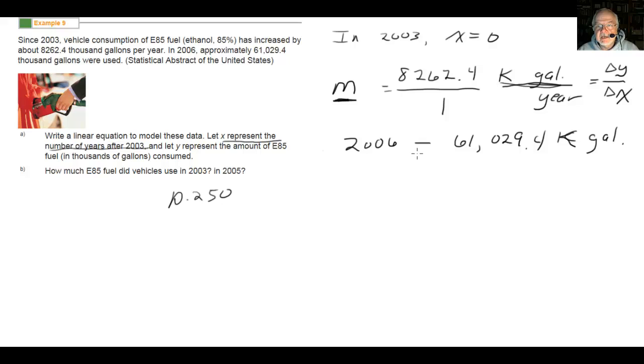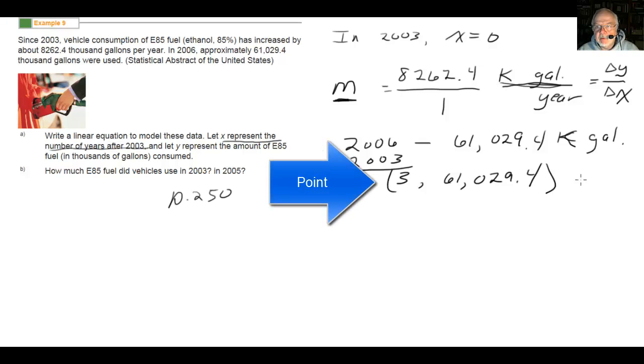Ooh, this looks like a point. But somewhere down here I read about x is the number of years after 2003. So we're going to have to subtract 2003 to get x. And x is going to be 3. y is going to be 61,029.4.